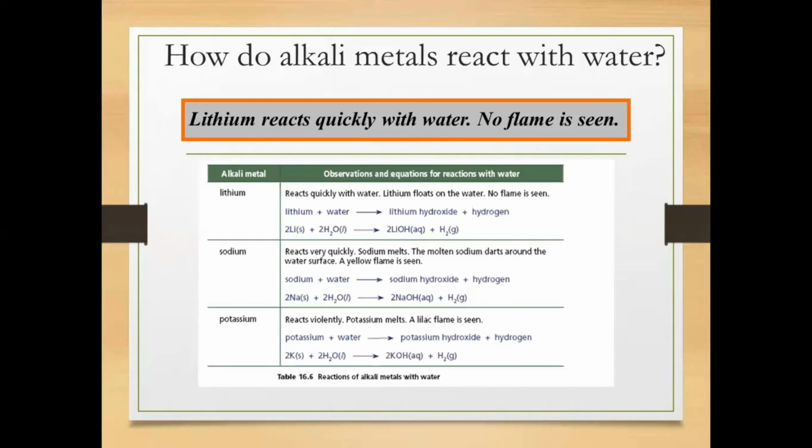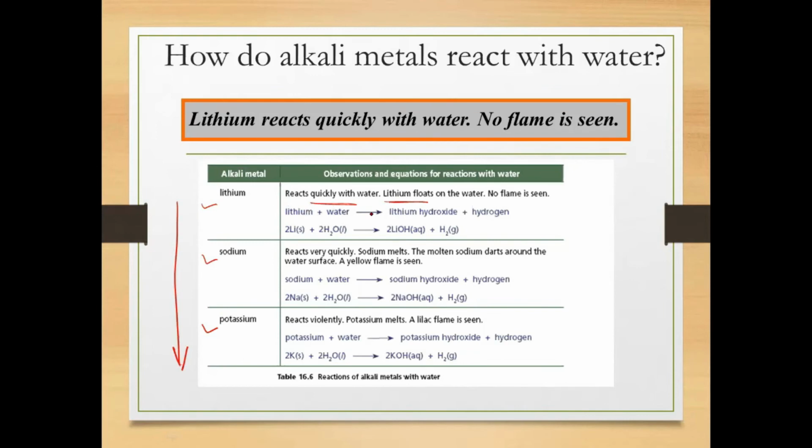Here we have a chart. You can see how lithium, sodium and potassium react with water. It's very simple, because they have low densities, so they will float on the surface of water and react quickly. Lithium is reactive, sodium is more reactive than lithium, and potassium is more reactive still.